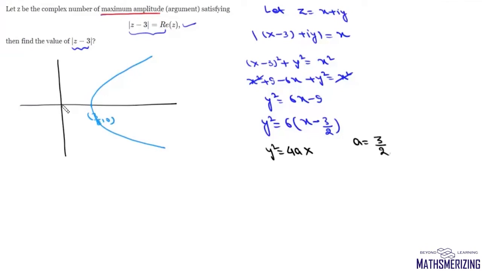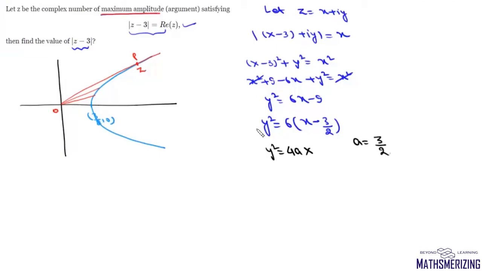So if we look at these points, then we know that this angle is increasing. Then we'll have one point where this argument will be maximum. So this argument will be maximum at a point P at which the tangent drawn will pass through origin.